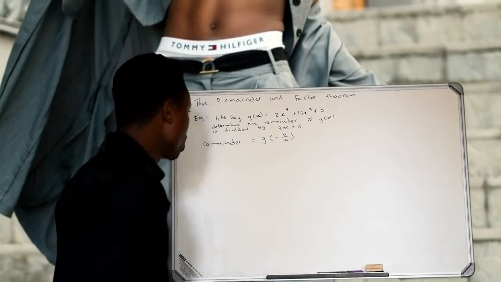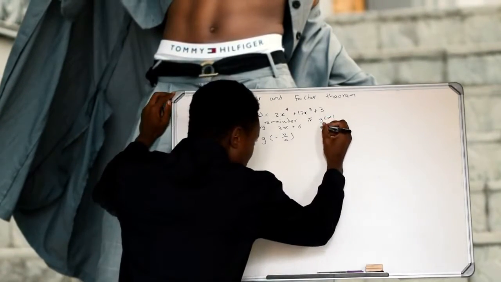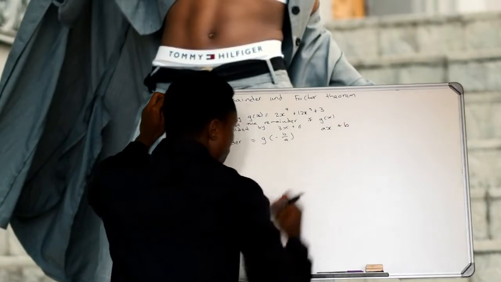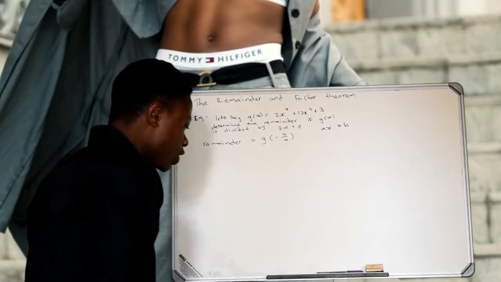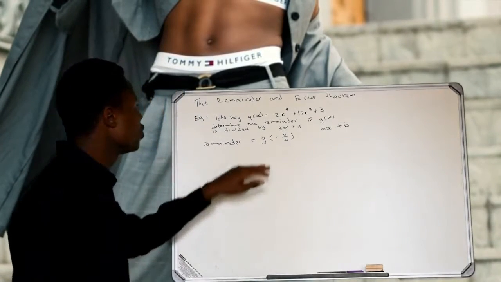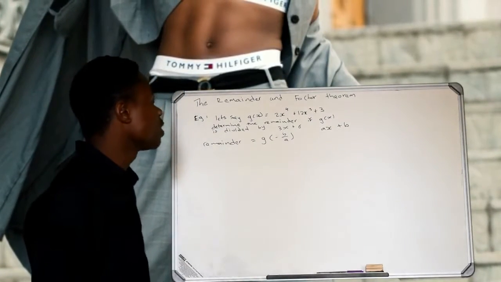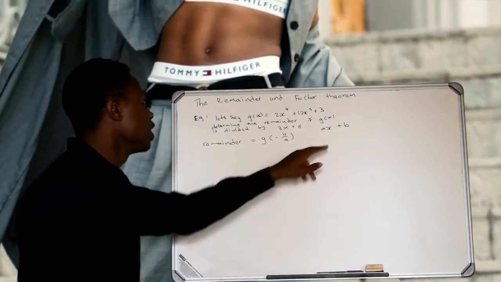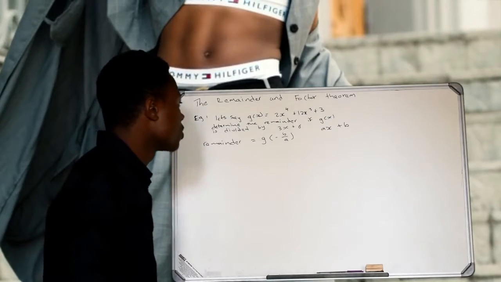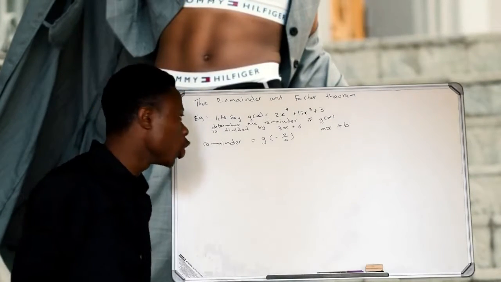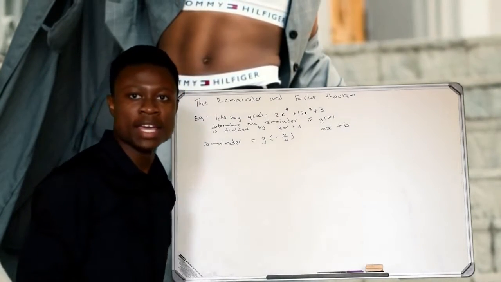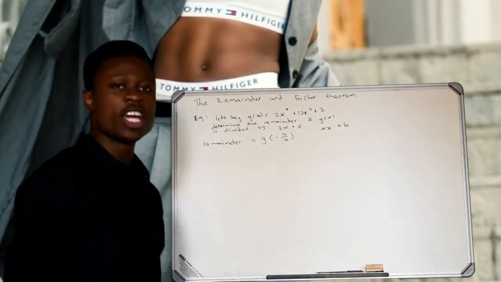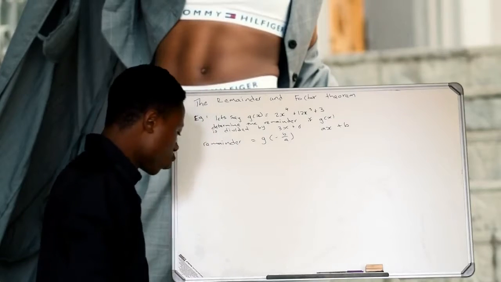They are from a linear equation of the form ax plus b. When it says g of negative b over a, we are simply equating that equation to 0. If you take b to the other side, it becomes negative b. To get x on its own, we divide by a. That's how we get the remainder is equal to g of negative b over a.